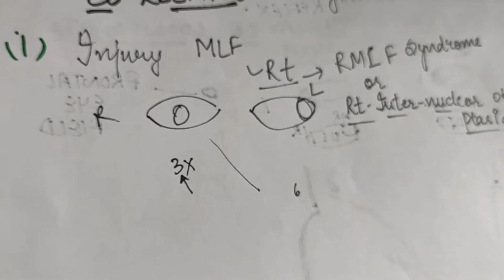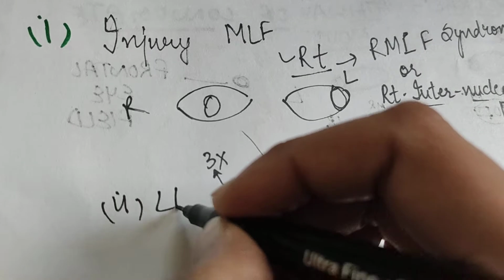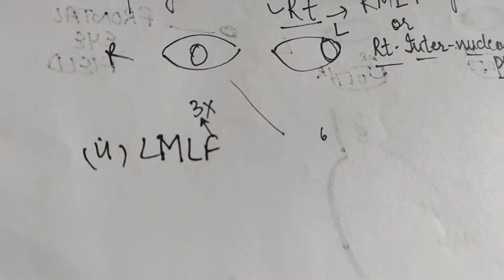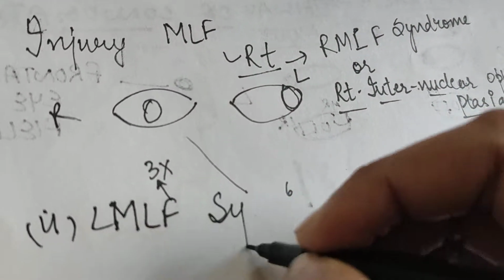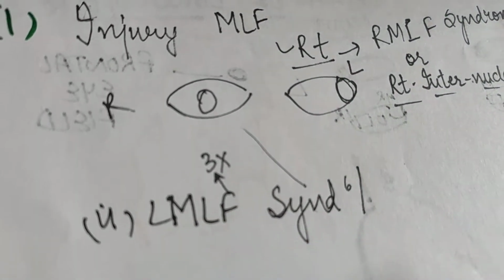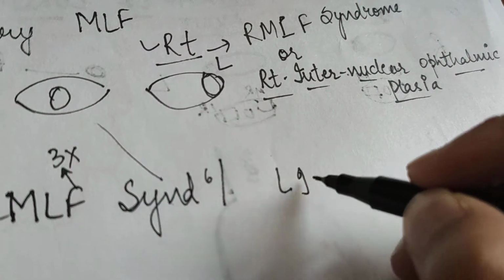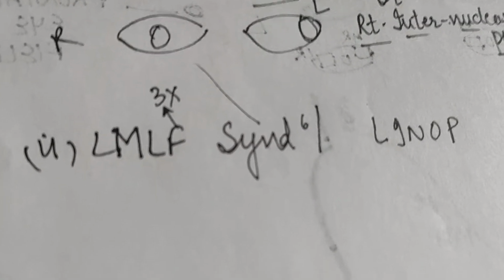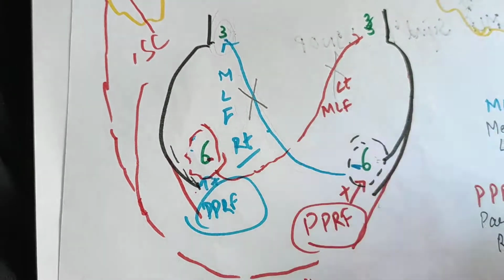Now this was right. If we talk about the left side, if there is left MLF damage, that is left medial longitudinal fasciculus syndrome, this is left internuclear ophthalmoplegia. In this case, what happens? On the left side, this one isn't working.